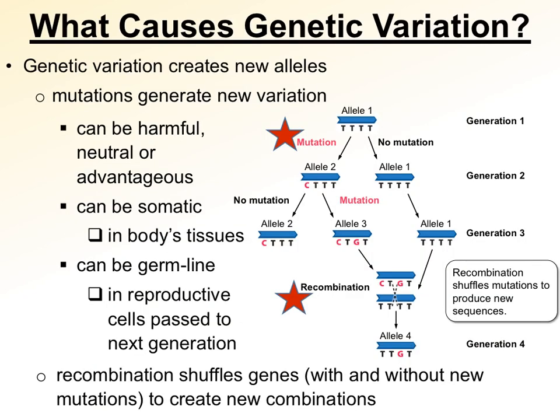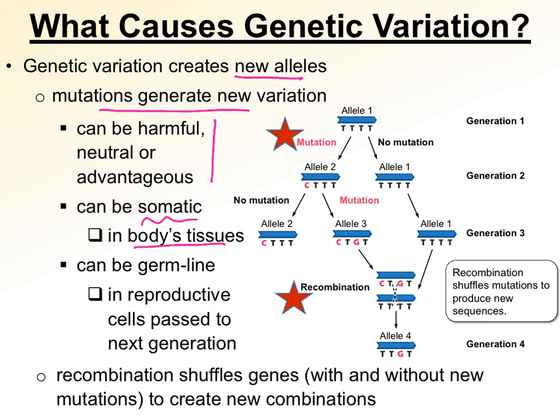So we know that genetic variation creates new alleles, right? New versions of genes. And mutations are what lead to these genetic variations. And we know that there's no rule saying if a mutation is good, bad, or neutral. They can be any of the above. We know they can happen in your body tissues.